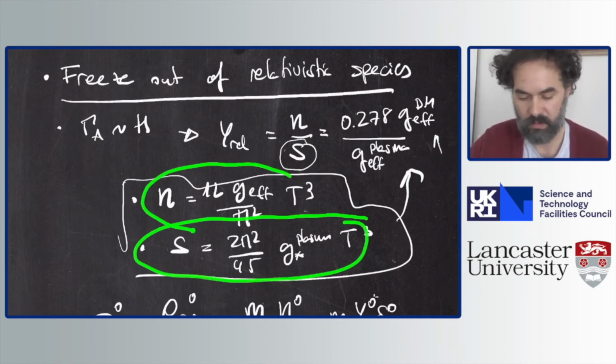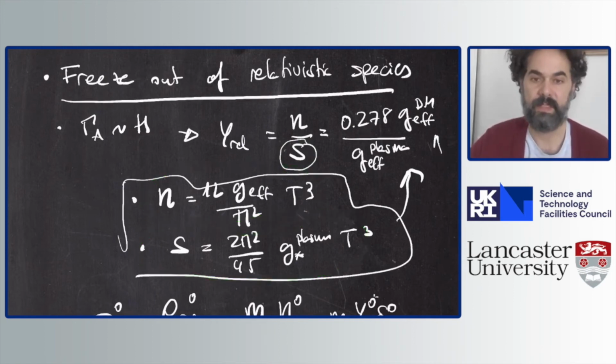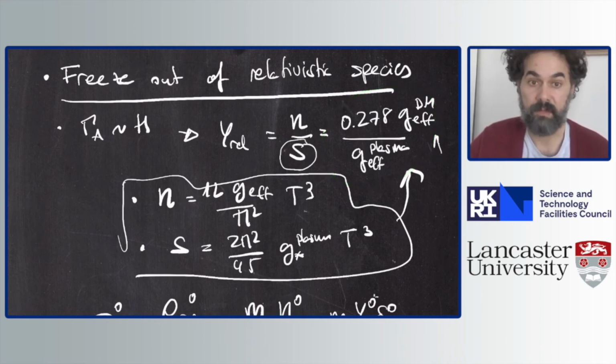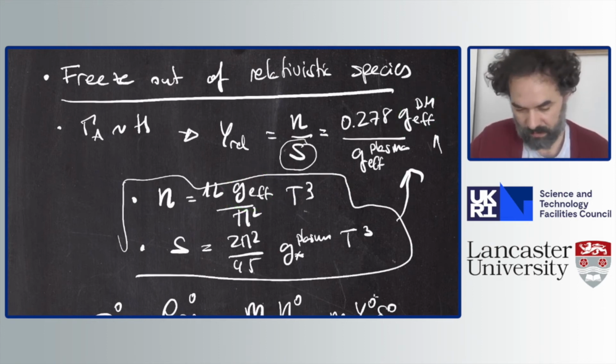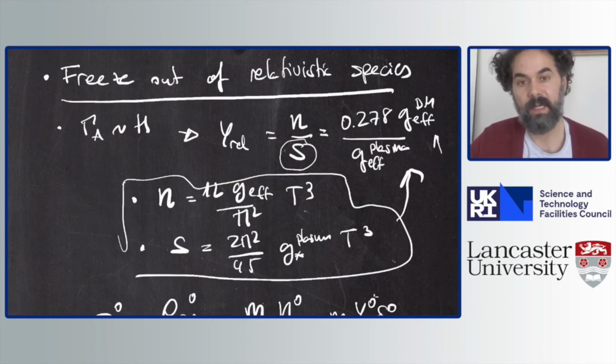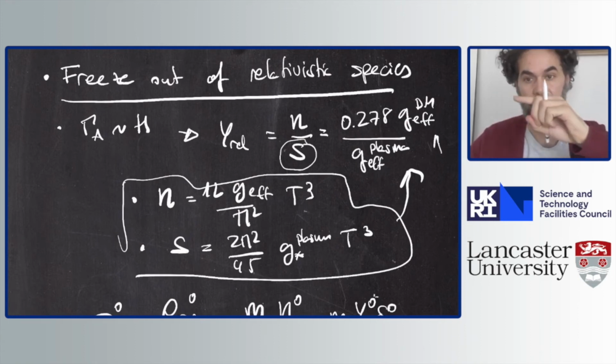So the yield in this case is a constant. It depends on the degrees of freedom in the dark matter and the degrees of freedom in the plasma, where the entropy is stored.